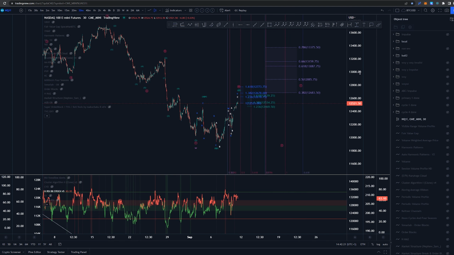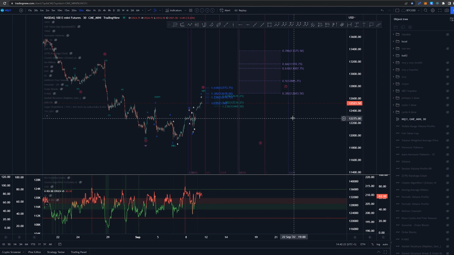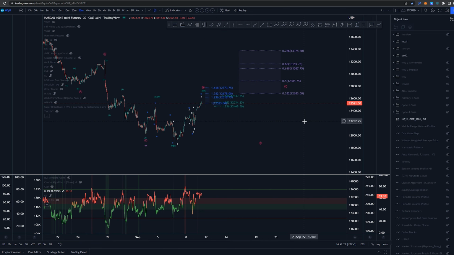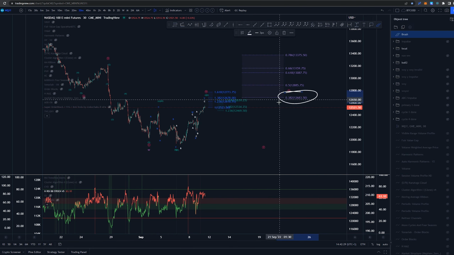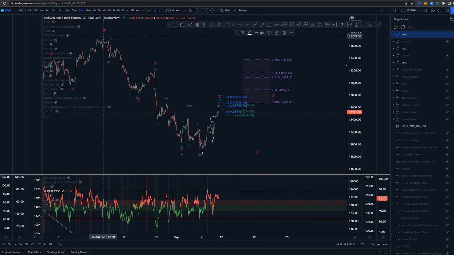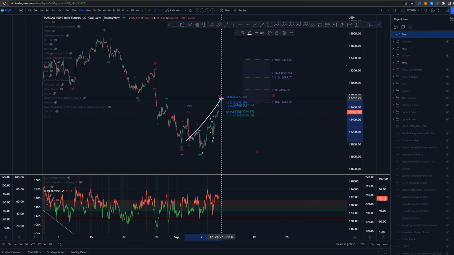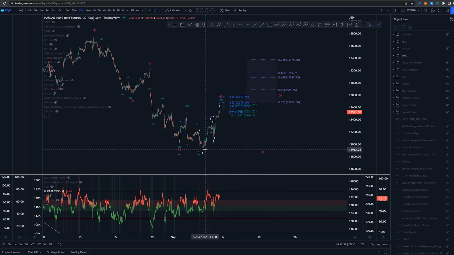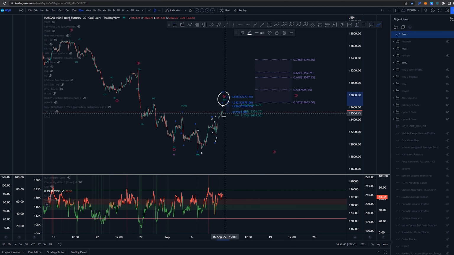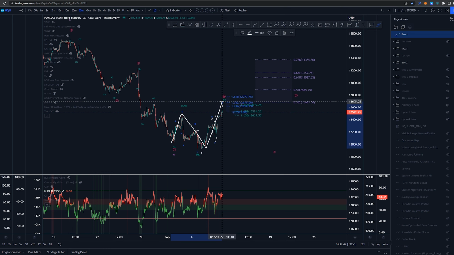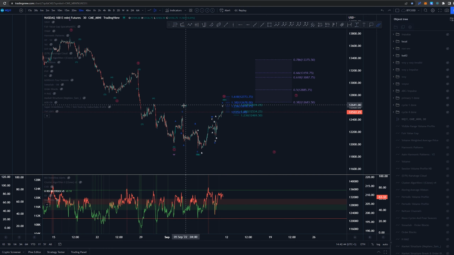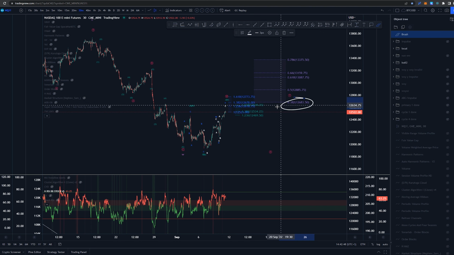However, the issue I have with this is that if we are hiding these time analysis things, we can see that we did not hit the 38.2. This is again the minimum requirement for the W wave for us to have the pullback here. So that's why I'm thinking that instead of this being a 3-way structure that is the connector as a whole, I don't think it is, because it did not hit the 38.2.